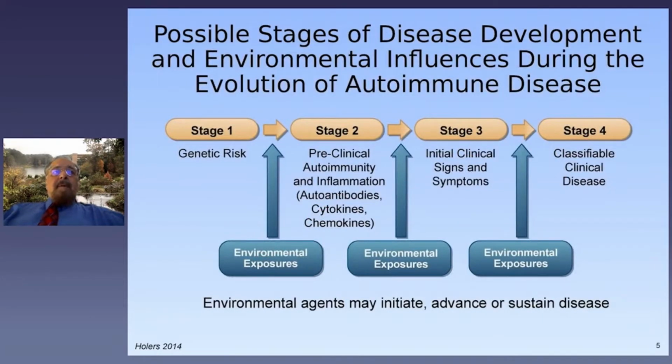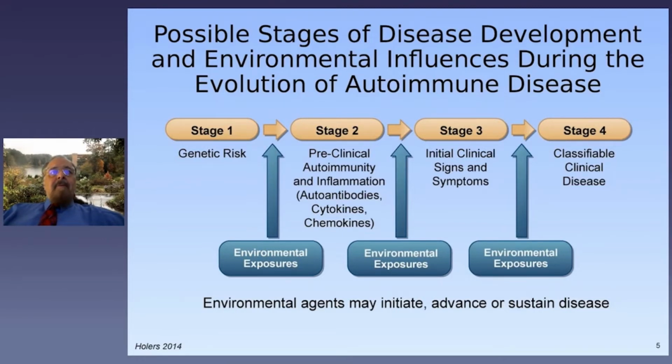Dr. Holders and others have found that there are probably stages in the development of autoimmune diseases. We start out in stage 1, in his scenario, with genetic risks. We have genes that put us at increased risk for the development of autoimmune diseases. Then certain environmental exposures interact with those genes to bring us to stage 2, which is called preclinical autoimmunity and inflammation.